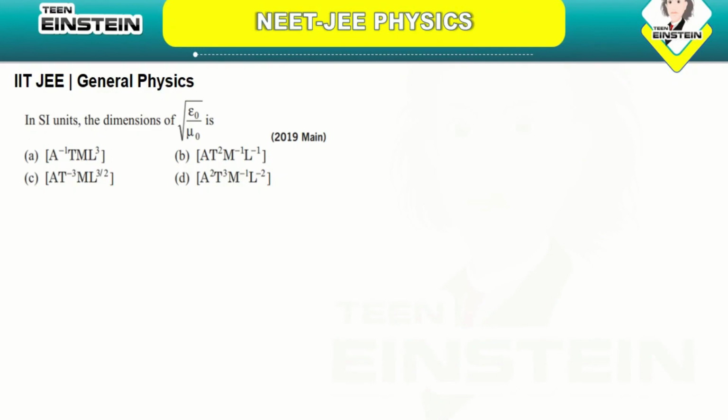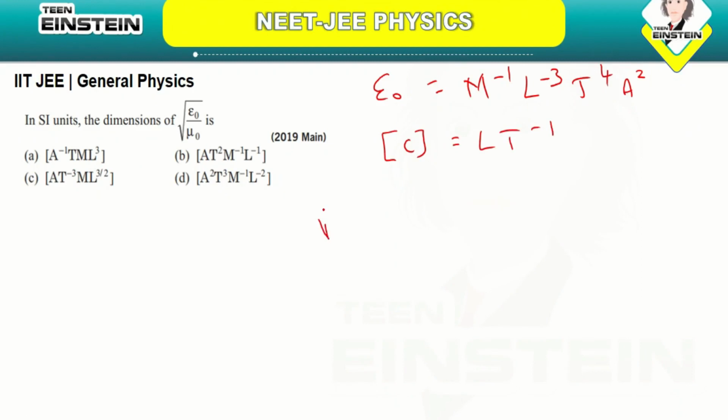So, generally the dimensions of permittivity of free space is M power minus 1, L power minus 3, T power 4 and A square, where c is the speed of light. So, the dimension of c is L T minus 1.